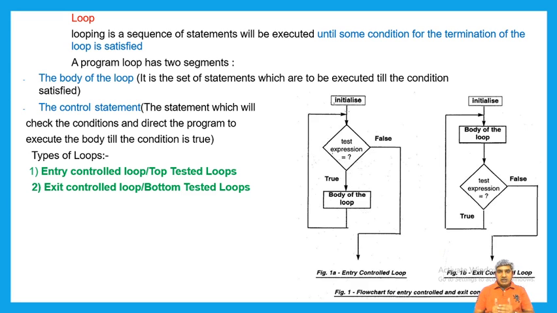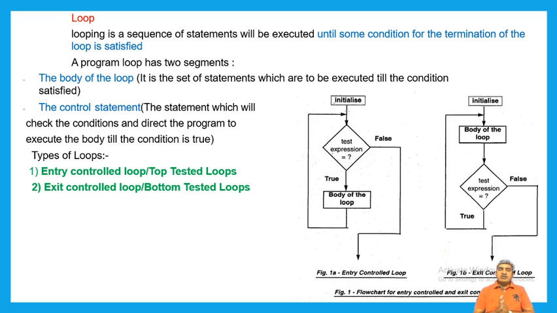But if the condition is true, then the body of the loop is executed. This is carried out until the test expression is false, and then the execution of the program goes outside the loop.